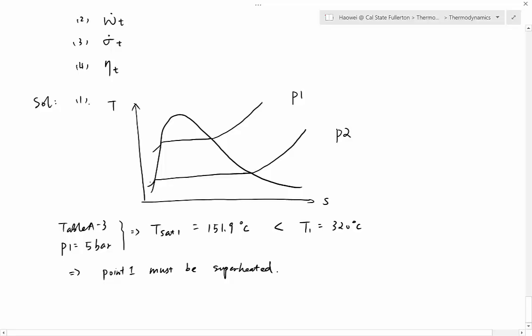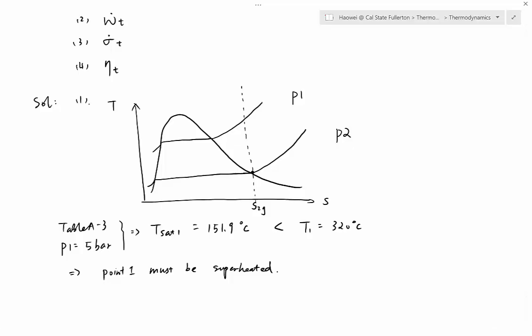Okay, so usually what we do is we find a reference line. And this is my reference line across this G point. So what is the x-coordinate of this point? The x-coordinate is S2G. S2G, 2 means at P2, G means saturated vapor. So that's my reference point.